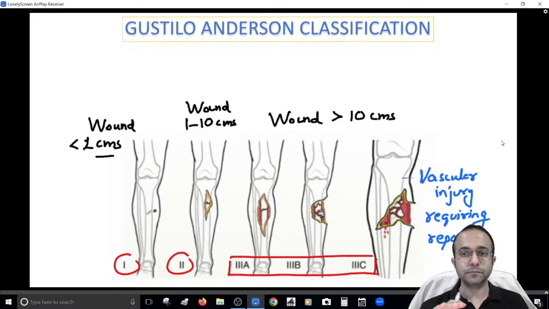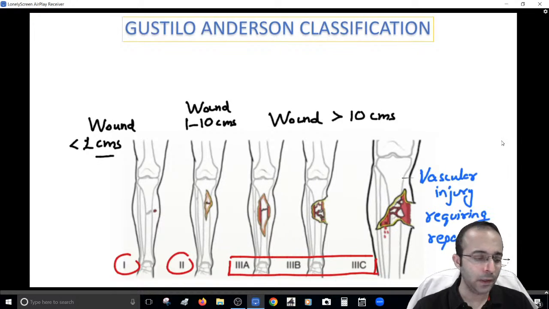Key point: like the radial and ulnar arteries, if only the radial artery is injured, there is no point of repair, because the ulnar can sustain. Getting it? So there should be a vascular injury requiring a repair. That will be grade 3C.